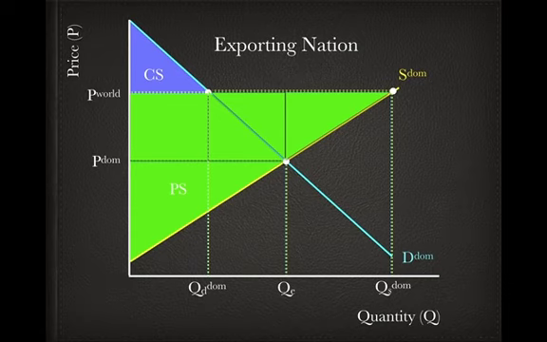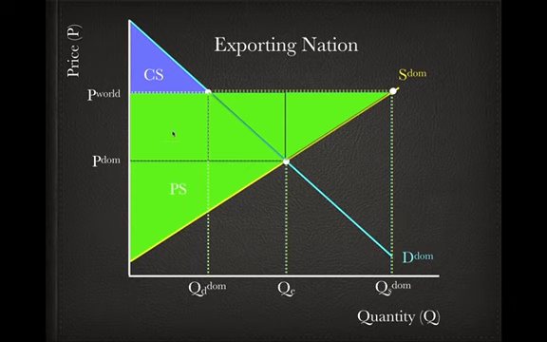Why? Because what is the definition of producer surplus? It's the area bounded by the price and the supply curve. So we have this entire green area here. And for consumer surplus, it's the area above the price but below the demand curve. So we have that purple section in here.